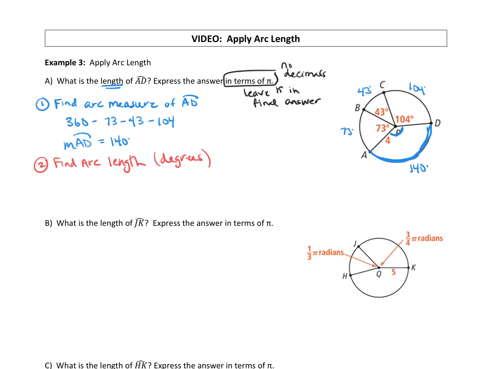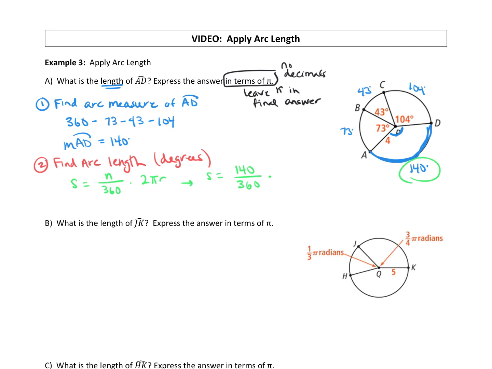So that formula from our previous example is S, arc length, equals N, the measure of the arc, over 360 degrees times 2 pi r. All right, so let's fill in some things. N is the measure of the arc, that's that 140. So 140 over 360 times 2 pi r.